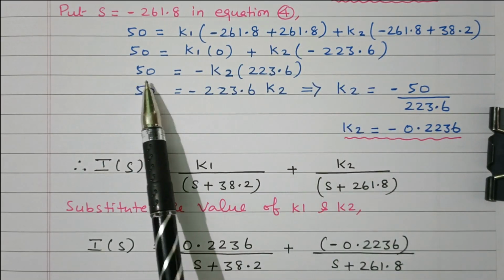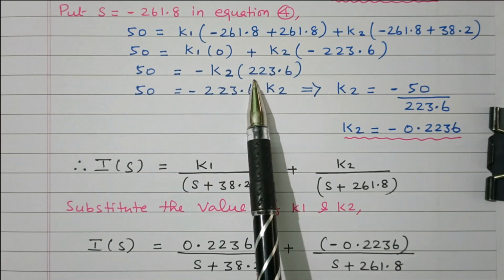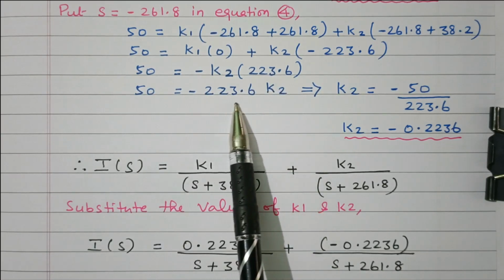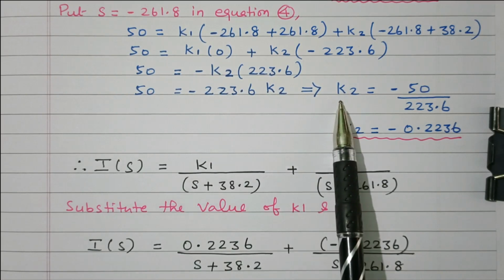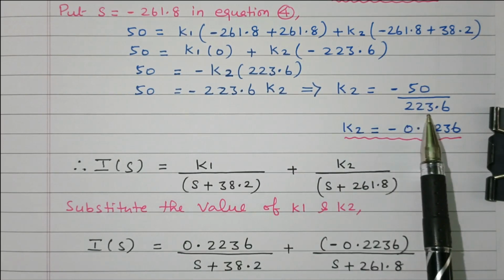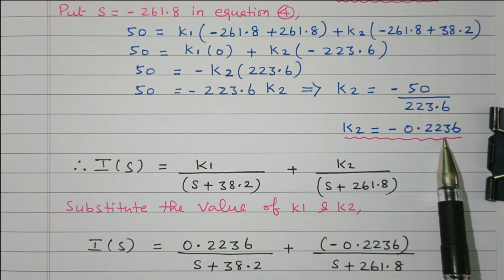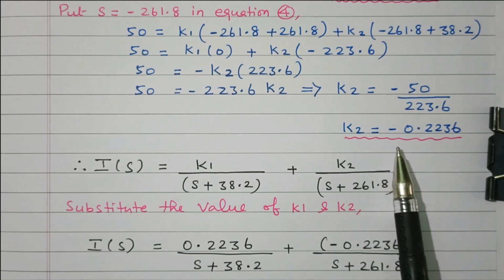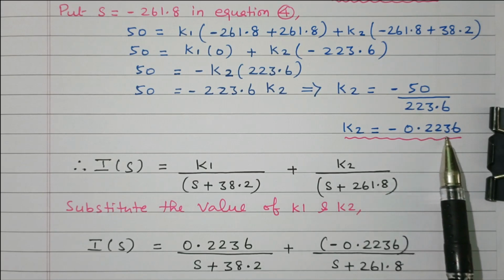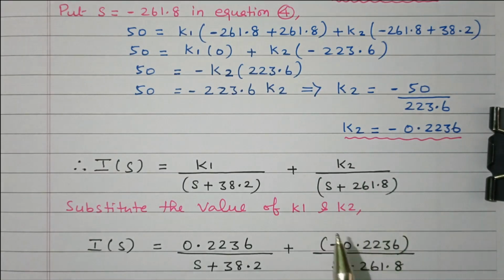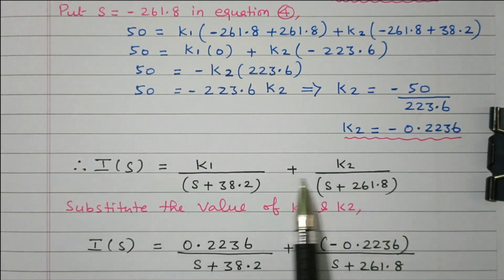That is 50 equal to minus k2 into 223.6. That is 50 equal to minus 223.6 k2. So k2 equal to 50 divided by 223.6 with a minus sign. That value is minus 0.2236. So k1 is plus 0.2236. k2 is minus 0.2236.